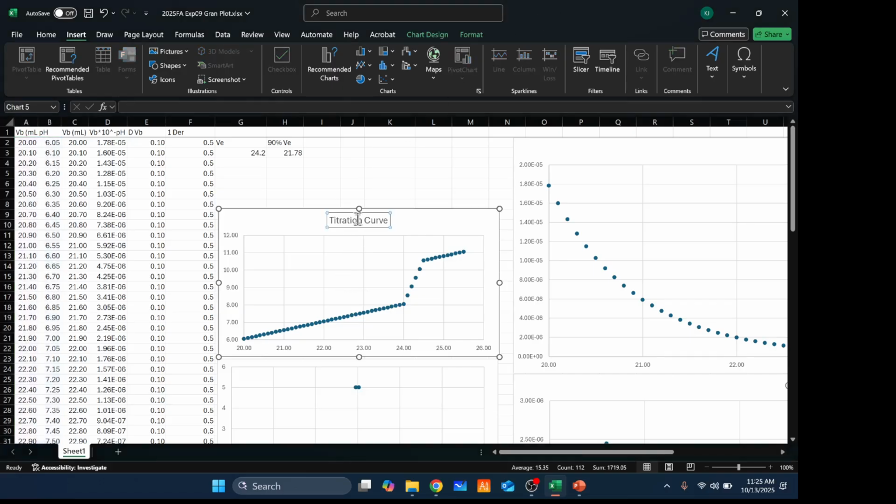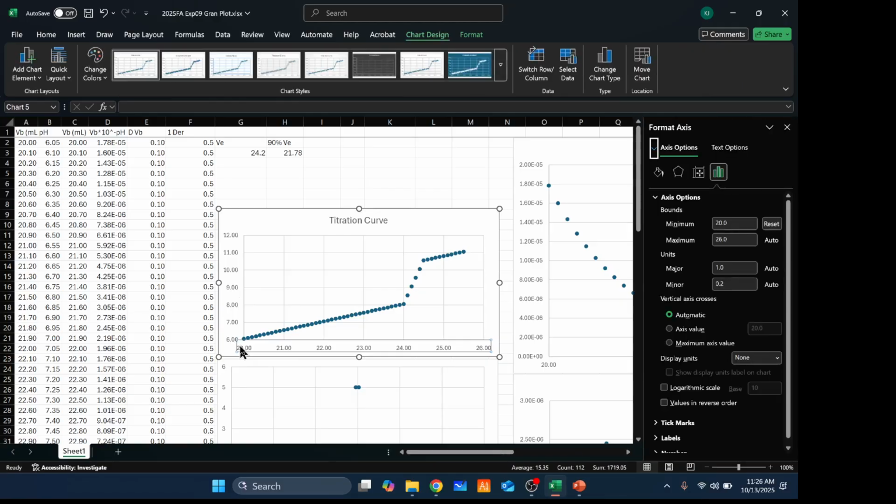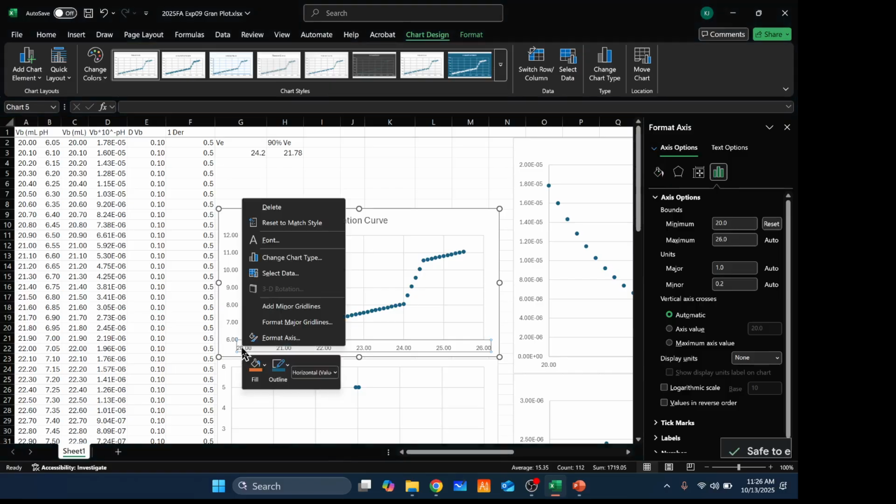And then it doesn't have a title, so I go in here and I edit my title. And then I'd edit my X and Y's. Let's say that this did not fit down here. We got a 0, okay, on this X-axis. If you come up here, you double-click on the X-axis. You can also right-click if it doesn't open from a double-click. Okay. You'd format major grid lines, or format axis, excuse me.